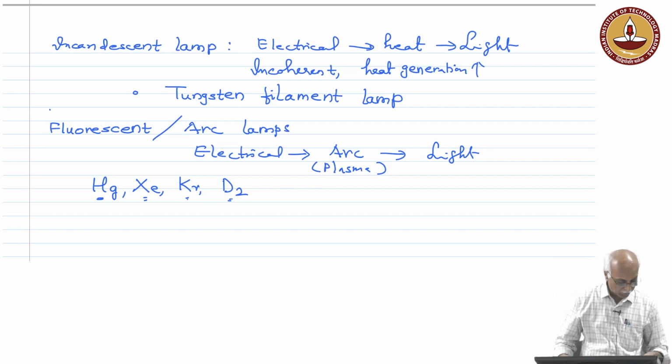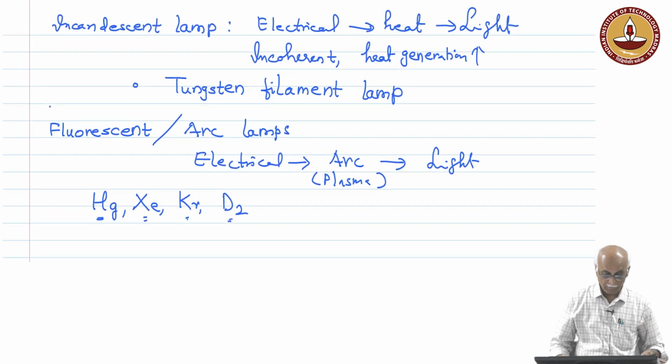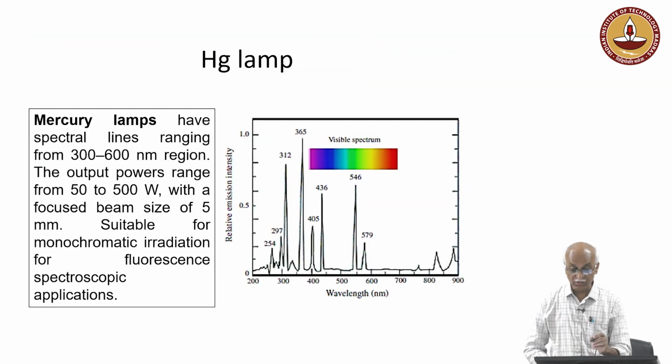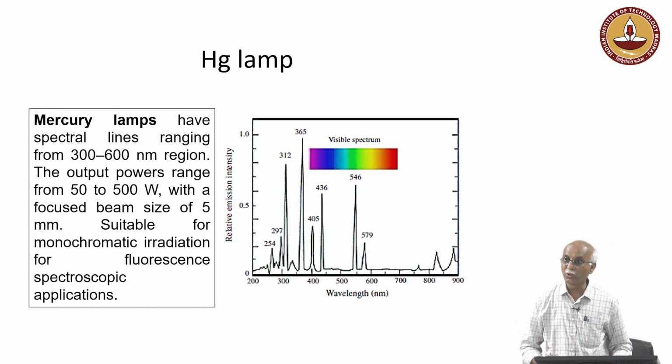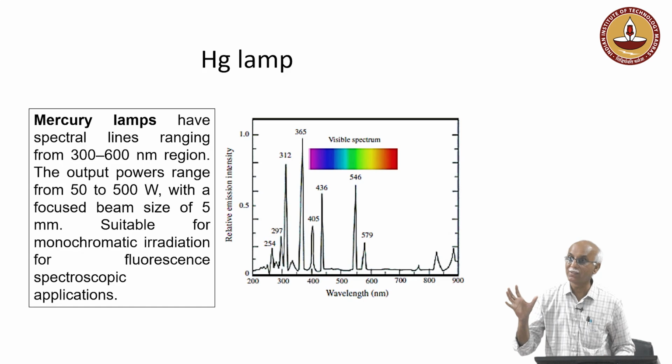Maybe I will show you some examples. See this visible spectrum shown over here. If you would like to see it on your own, you can see it easily. How do you do it? You can use a CD, compact disc.